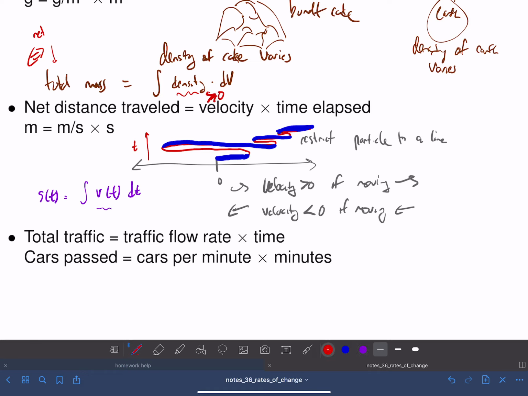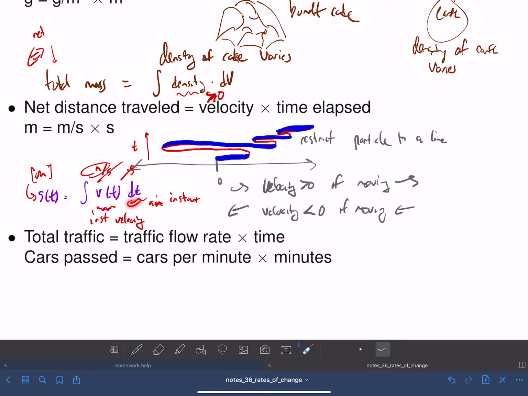Again, I have the instantaneous velocity, and I have an instant. How long is it moving at that particular velocity? For an instant. But in terms of dimensions, it's still meters per second times seconds. The seconds cancel, and I'm left over with just meters, which is exactly the unit of my S function, my position function. The dimensions work out.